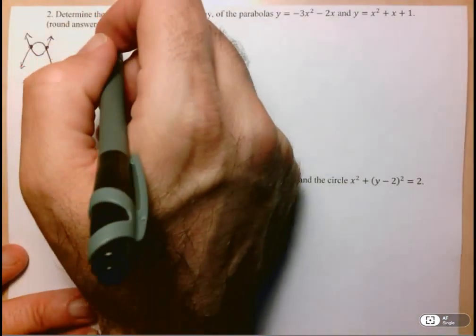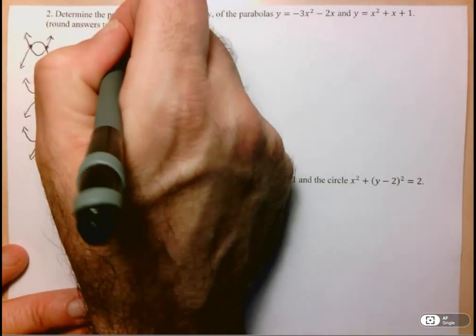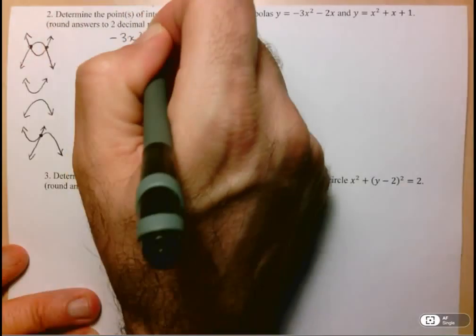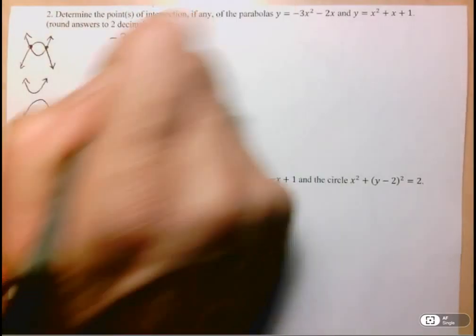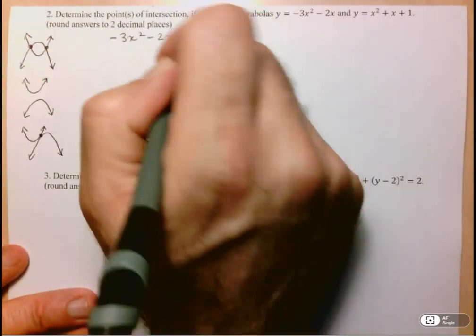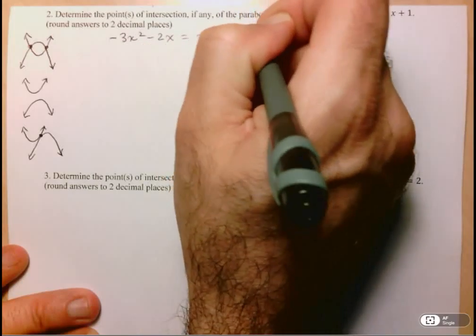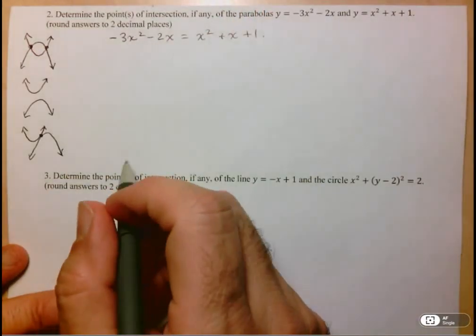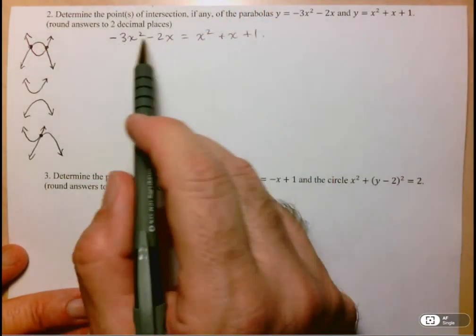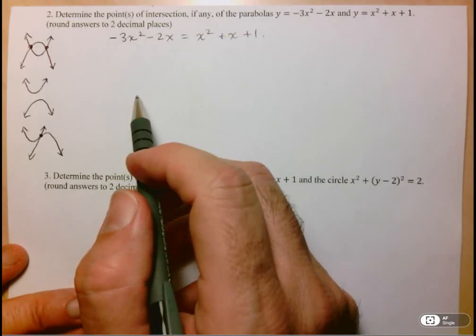So I'll use substitution here. Negative 3x squared minus 2x is going to be equal to x squared plus x plus 1. And not surprisingly, we have exactly what we expected, which is a quadratic equation.